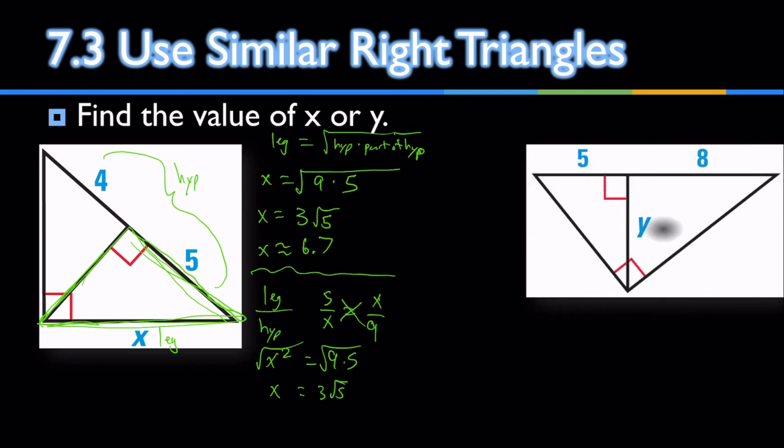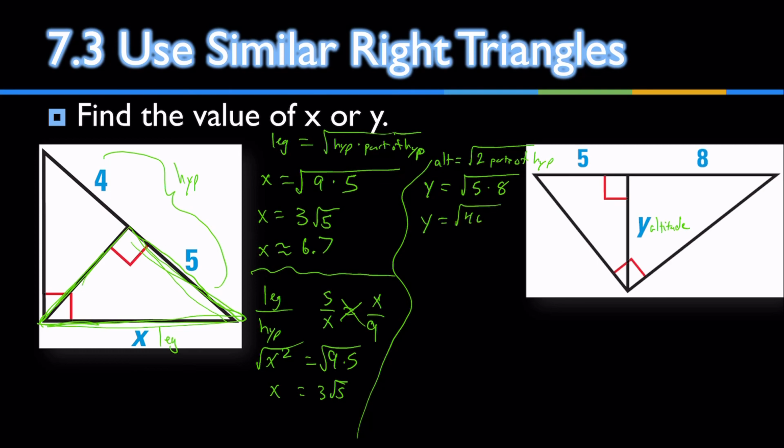Let's try another one. This time, we're looking for the altitude. The first of those two theorems said the altitude is the geometric mean of the two parts of the hypotenuse. So the two parts of the hypotenuse are 5 and 8. 5 times 8 is 40.